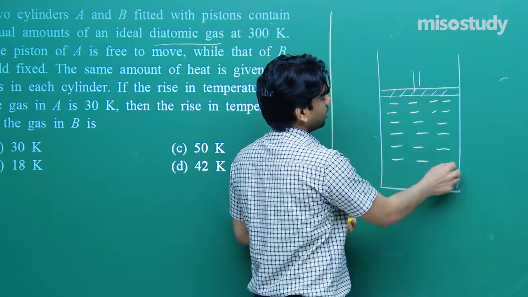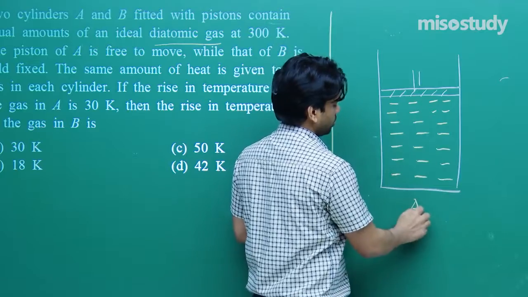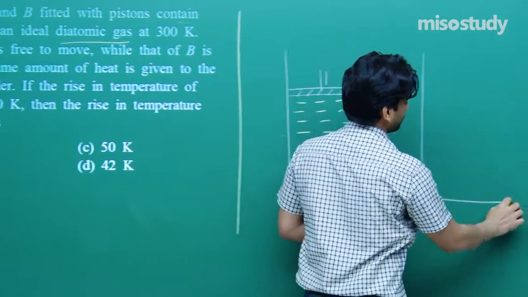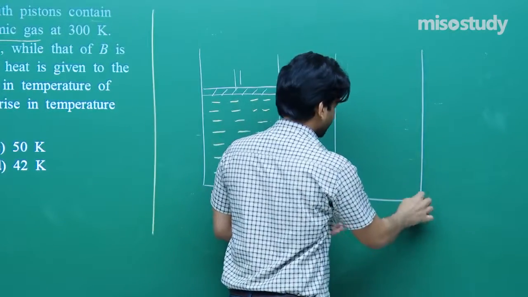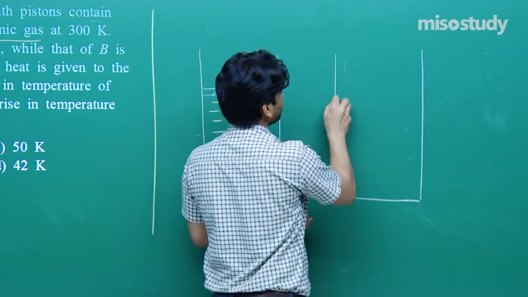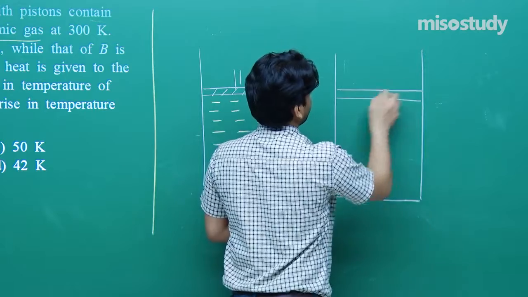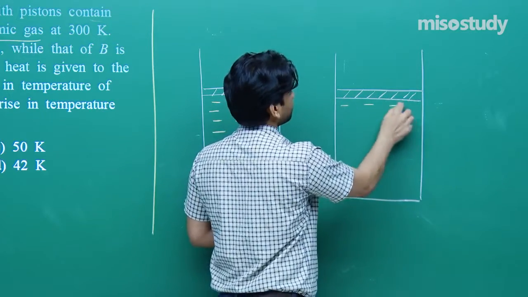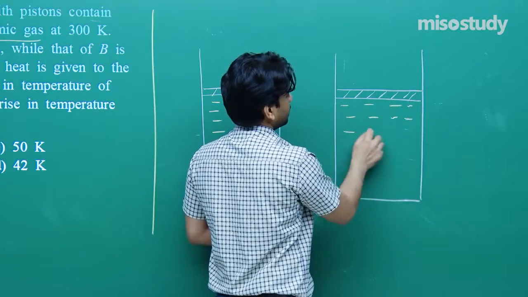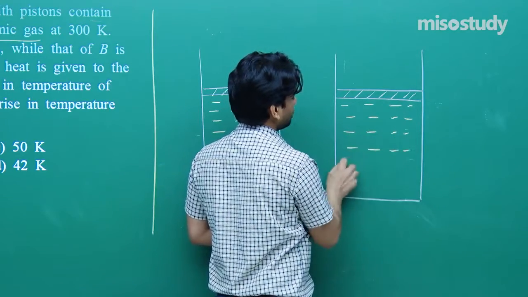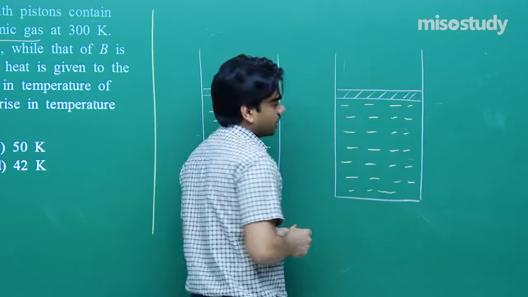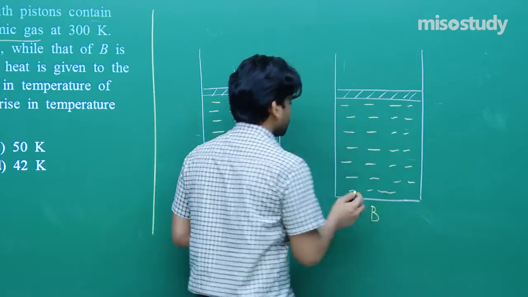A and B are the two cylinders. Same amount of gas we have taken, that's why I am drawing both diagrams in a similar fashion. For diatomic gas, I hope you remember the Cp and Cv values and the gamma value of it. So this is piston cylinder B.